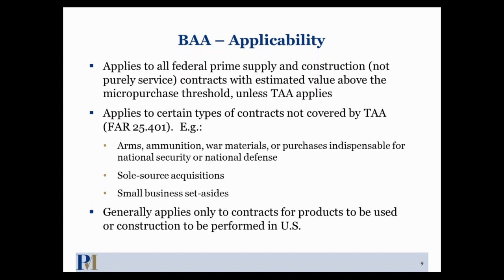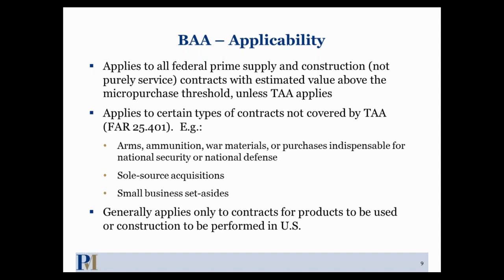But you've got this sort of window between the micro purchase threshold and the threshold for TAA. And there are different thresholds for TAA. We'll get into that. But between those two thresholds, the BAA is going to apply. And the BAA might also apply even above the TAA threshold for certain types of contracts, because, for example, the TAA does not apply to small business set-asides.